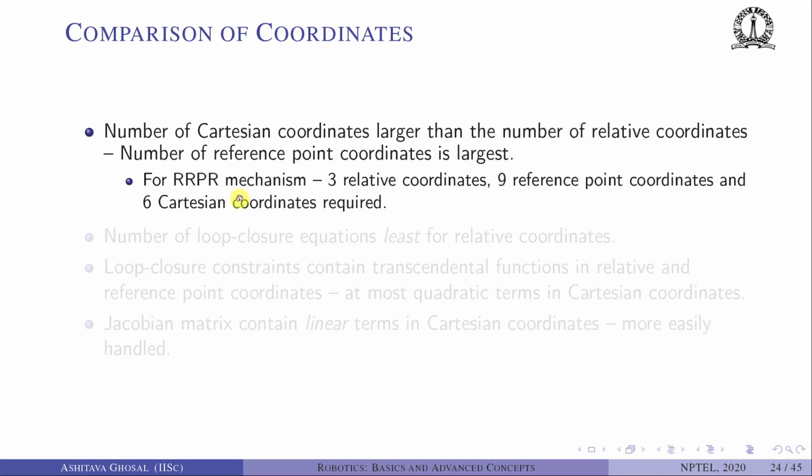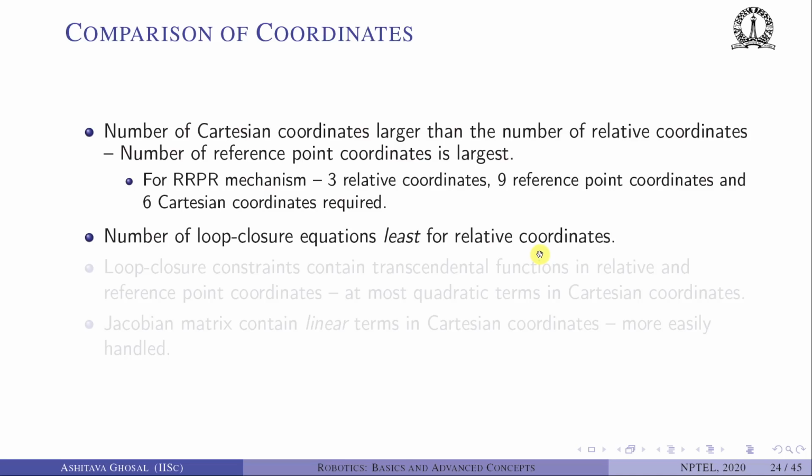So for the RRPR mechanism, there are 3 relative coordinates, 9 reference point coordinates, and 6 Cartesian joint coordinates are required. The number of loop closure equations is least for relative coordinates. As I showed you, there were 3 relative coordinates and 1 degree of freedom, so there were only 2.